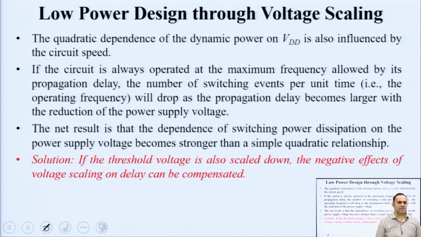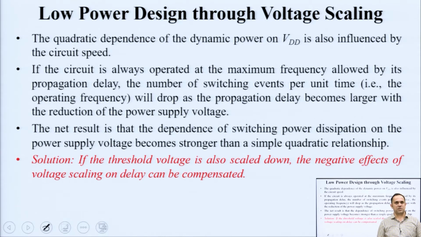So, if there is x nanoseconds of worst case propagation delay, I should have a frequency that is the inverse of that maximum propagation delay, to find the frequency at which I can operate my circuit and still have reliable operation. So, the number of switching events per unit time, which is nothing but the operating frequency, is going to reduce if the propagation delay starts to increase.